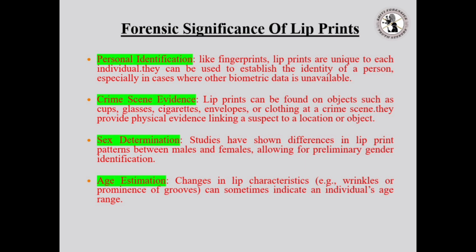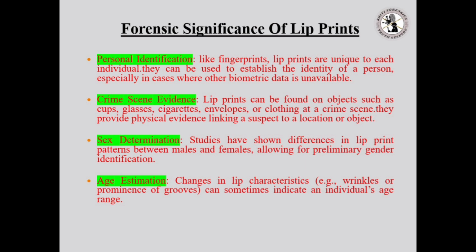If we talk about fingerprints, we all know that fingerprints are unique to each person, so they can be used for person identification. Likewise, our lip prints are also unique patterns, which can be used to establish the identity of a person, especially in cases where other biometric data is unavailable.